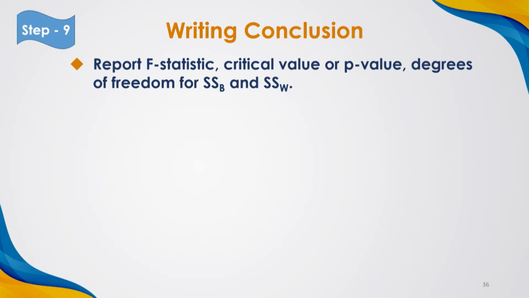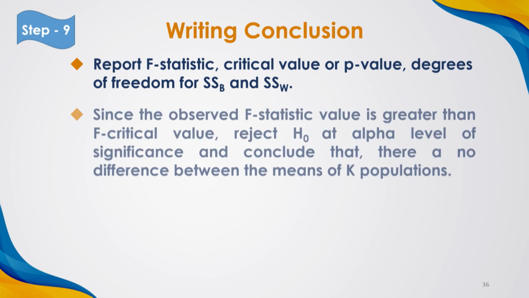Previously we summarized the ANOVA table, which is the byproduct of the output from a statistical package, so you need not write the table as such in your conclusion. Instead, you can report the F statistic, critical value or p value, degrees of freedom for treatment and degrees of freedom for error.